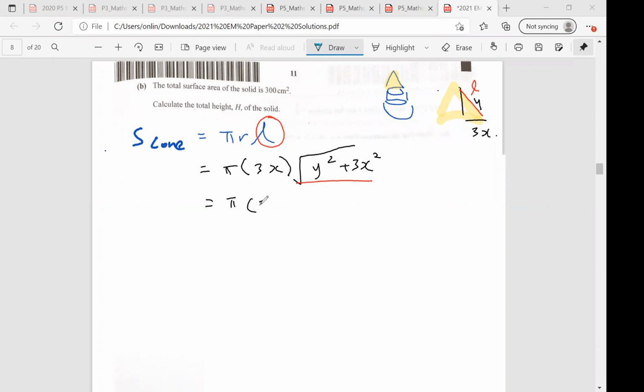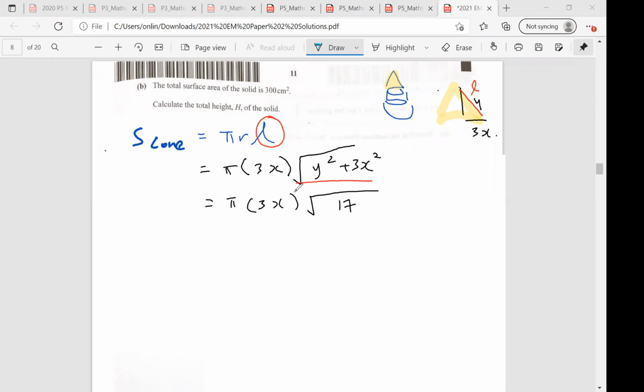So we have pi here, 3x, and then here what we have is equal to 17 here, and then we have x square outside.